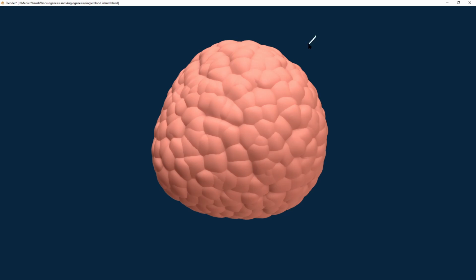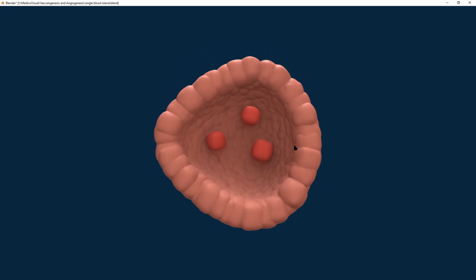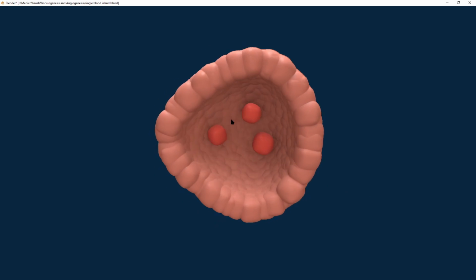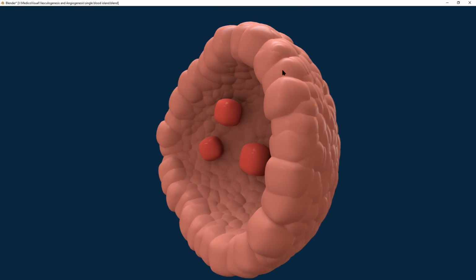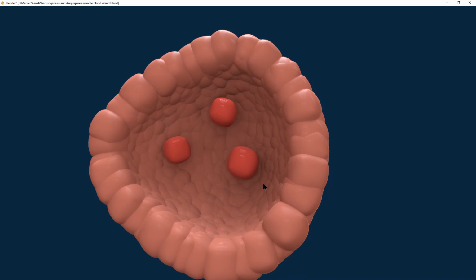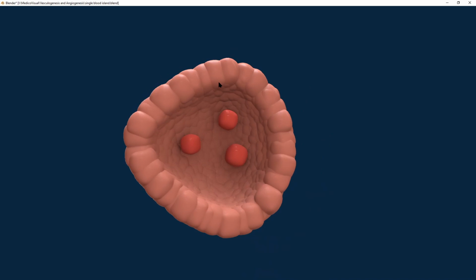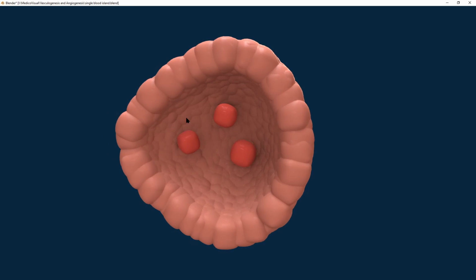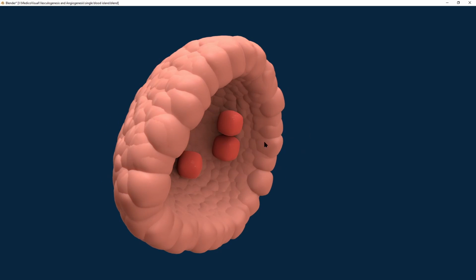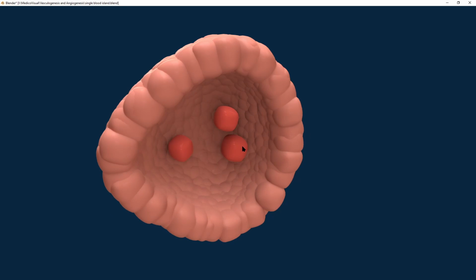Now if we cut a section here and see inside, here is this blood island, and as you can see, these cells in the periphery of this blood island are going to form the endothelium, and they are called endothelial precursor cells. And these few cells within the lumen of this blood island are the blood cell precursor cells, and they are going to form the blood cells.